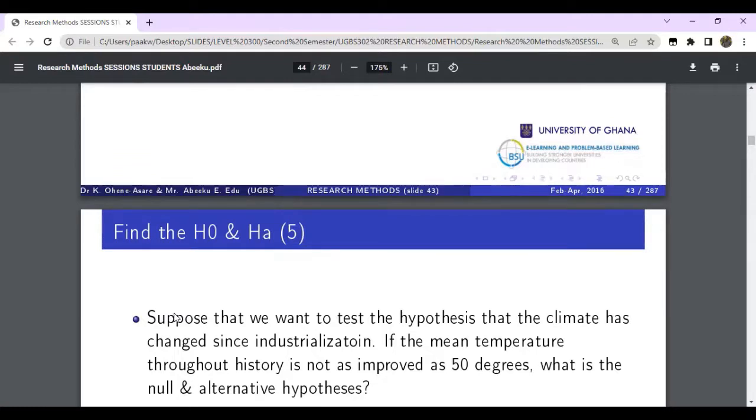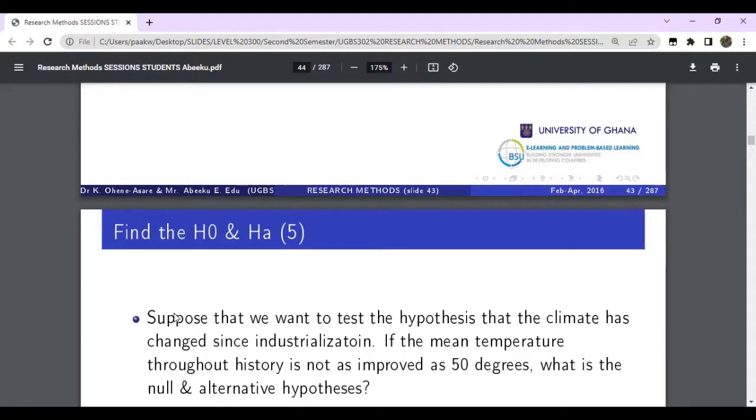It's not as improved. So if it's not as improved, what signs are there? They are saying that the history is not improved. So what will be the sign?